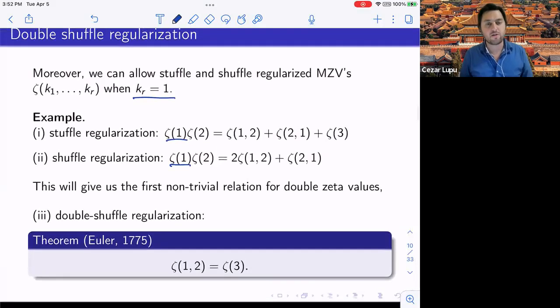There's actually a conjecture here, still a conjecture, that these double shuffle regularized relations will give all the relations among the multiple zeta values. It's still a conjecture, but that's the conjecture.